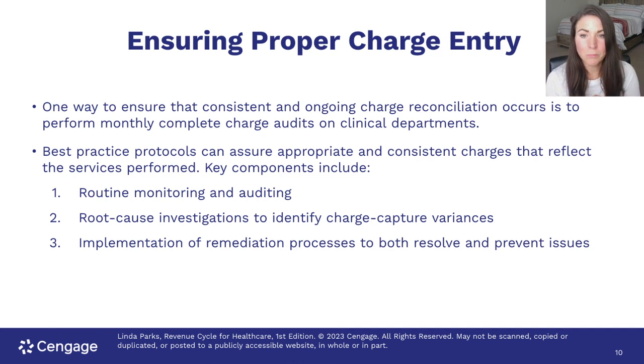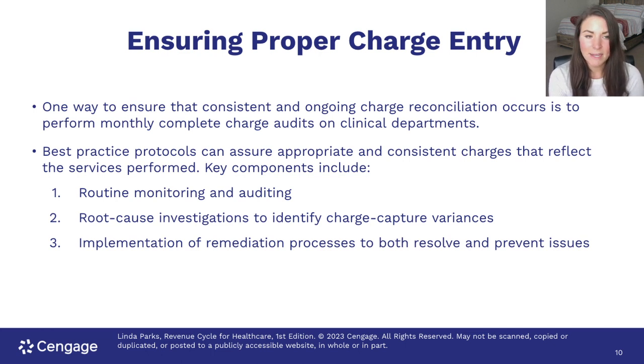There are best practice protocols that should be used to make sure the charges reflect the service that was performed. The key things here are: number 1, routine monitoring and auditing. Even if you're confident in everyone's training, you still have to be regularly looking to make sure everything's accurate.